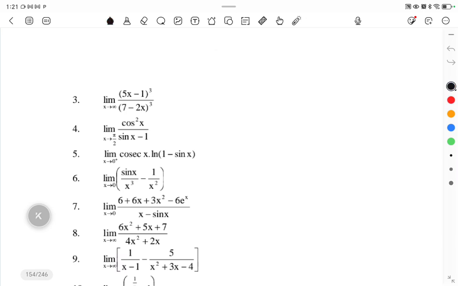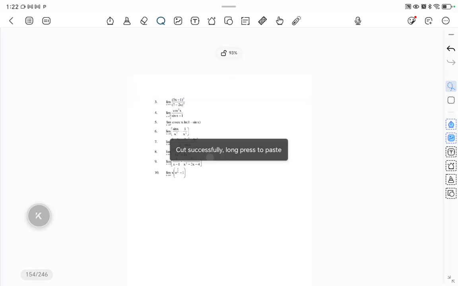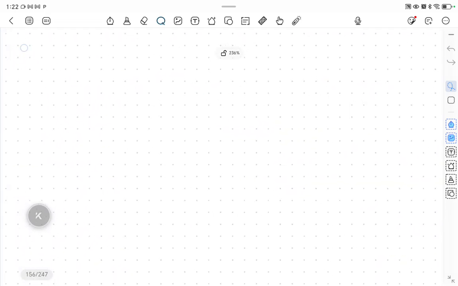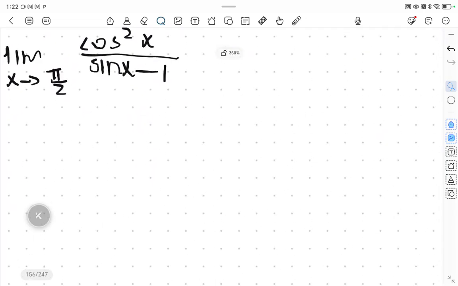Now we come to 4. We have the limit as x approaches pi over 2 of cos squared x all over sine x minus 1. First we check the form.